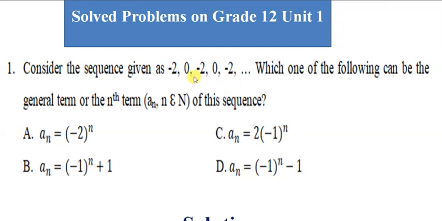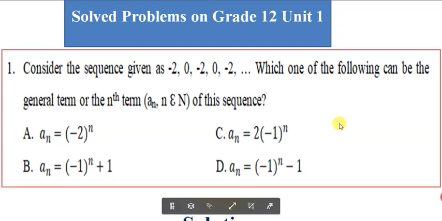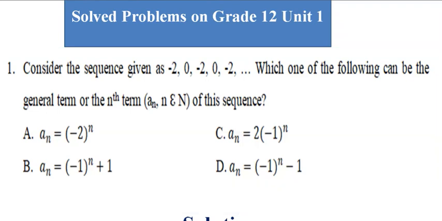As you can see, the first term is -2, so what we have to do is simply write -2 as -1 and -1.